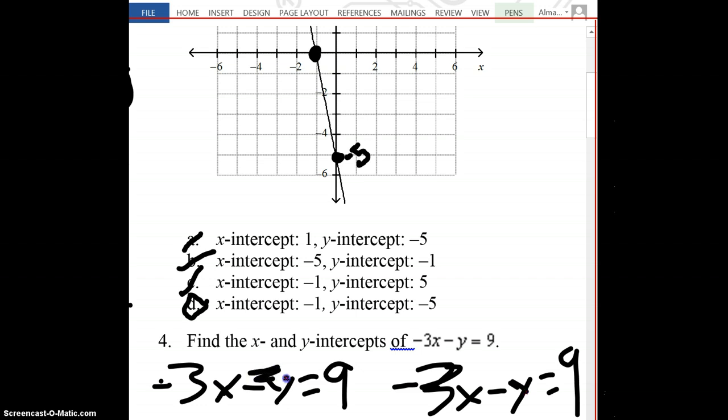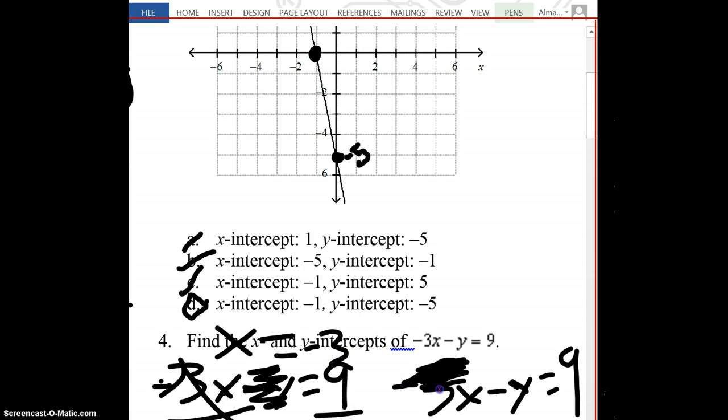I'm going to cross out the y. And then to solve for x, I need to divide both sides by 3. And I end up with x equals -3.